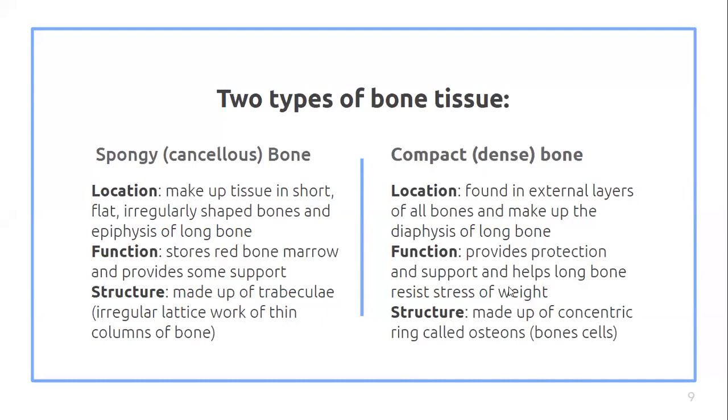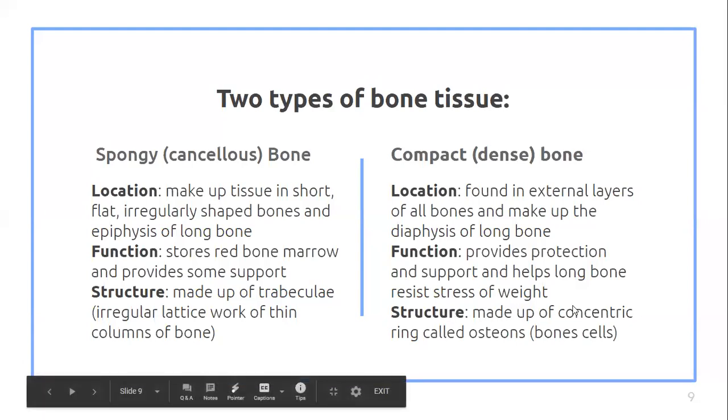When you stand up, you're putting a lot of weight on your legs and feet, and the compact bone, since it's very tough, helps resist that stress. If it didn't exist, your legs would collapse, like your bones would not hold you up. The structure of this is that it's made out of concentric rings called osteons.